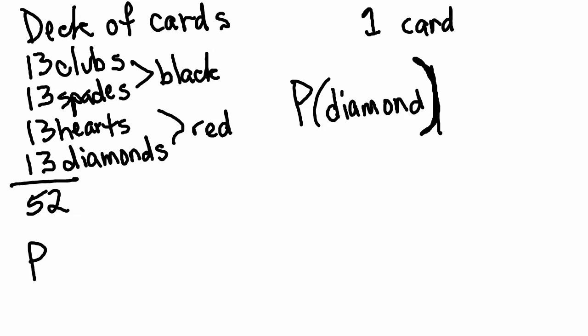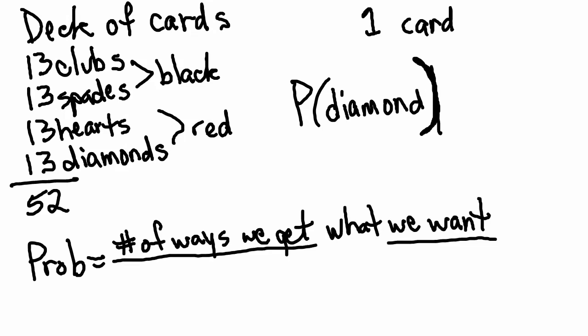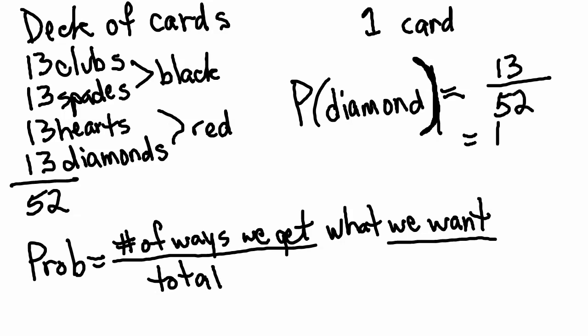Probability, the way I like to think about it, is the number of ways we get what we want over the total number of ways that you can perform that experiment. So the number of ways that you can get a diamond are 13, and there's 52 cards. And if you reduce that, you get 1/4, which makes a lot of sense because 1/4 of the deck of cards are diamonds.